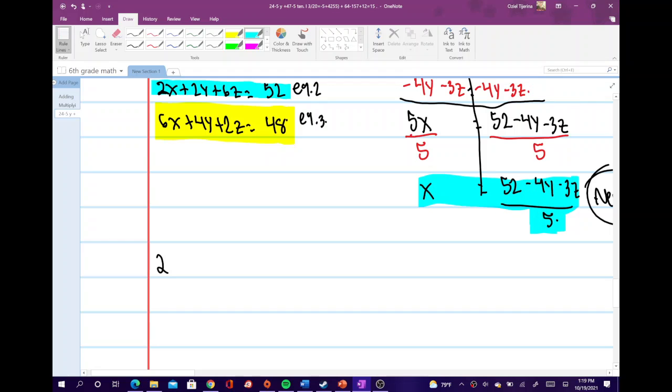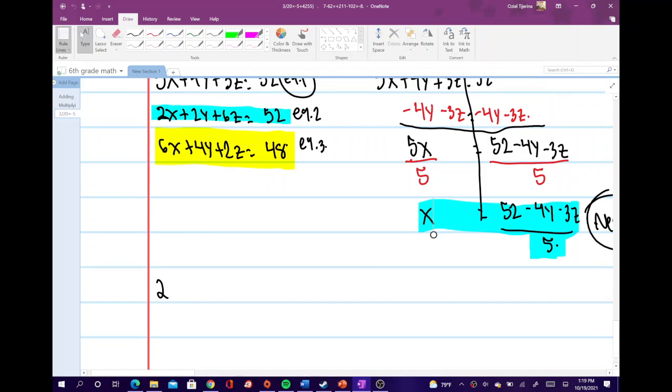However, I'm going to use a little trick so that you don't have fractions at all. It makes the problem longer, but trust me, it makes it easier, because that way you're not working with fractions. If you don't like working with fractions like me, it makes the problem easier.